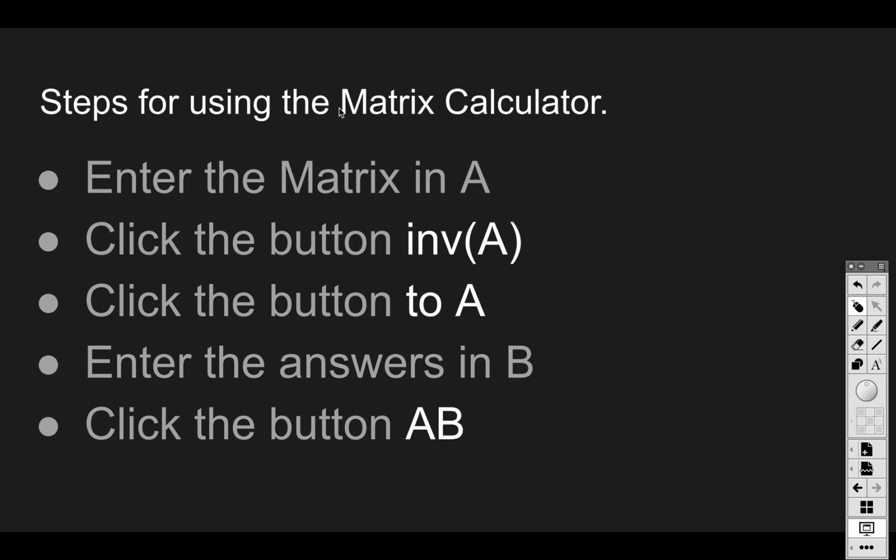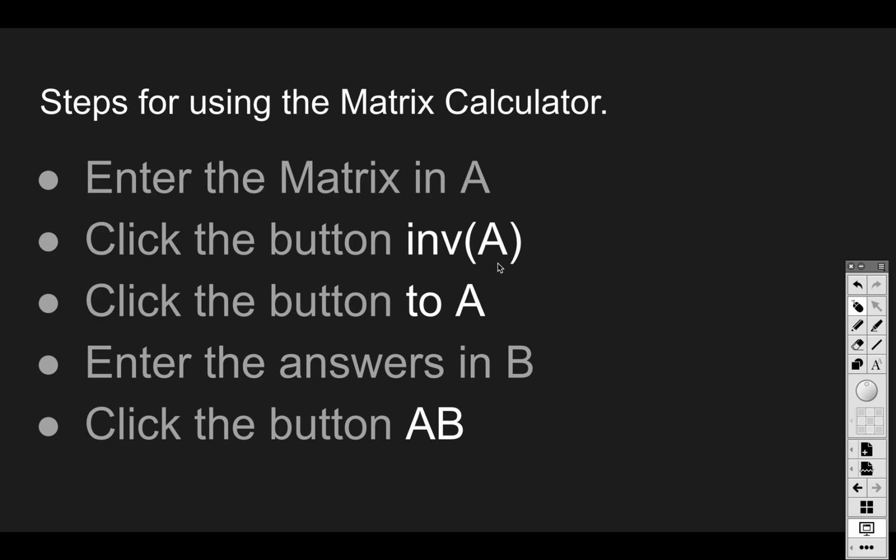So the steps for using the matrix calculator are these. We're going to enter the matrix in A. Then we're going to click the button inverse of A, because remember I said I had to find the inverse of A. And then we're going to multiply that. Now click the button to A. What it's basically going to do is overwrite the numbers we have with the inverse button.